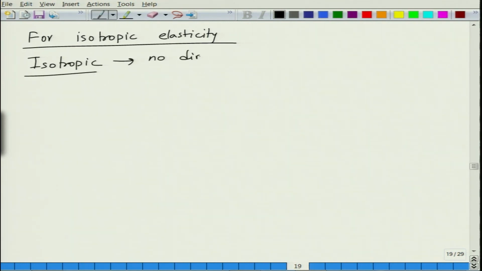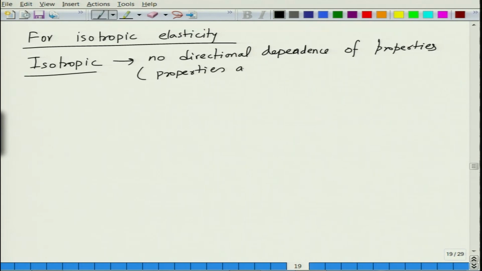Basically, there is no directional dependence of properties, that is, properties are the same in all directions.